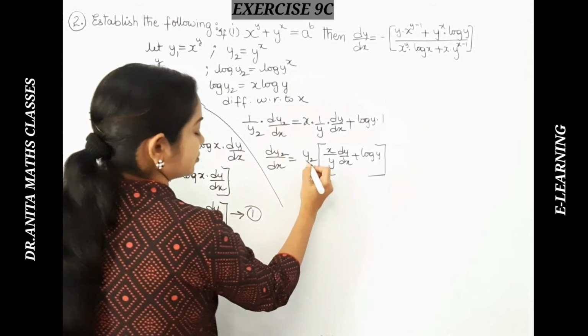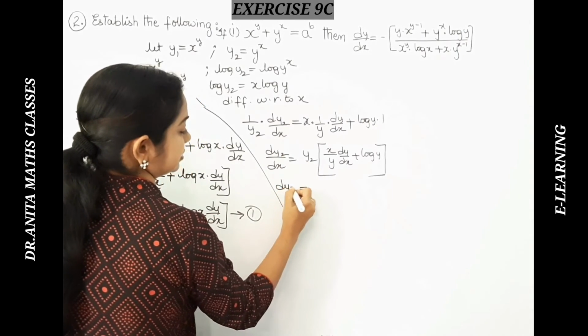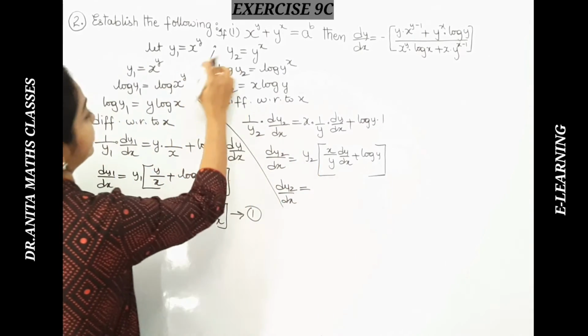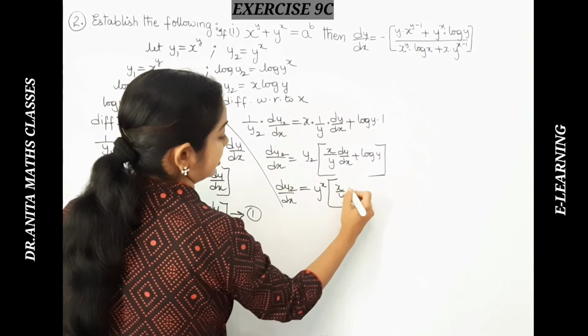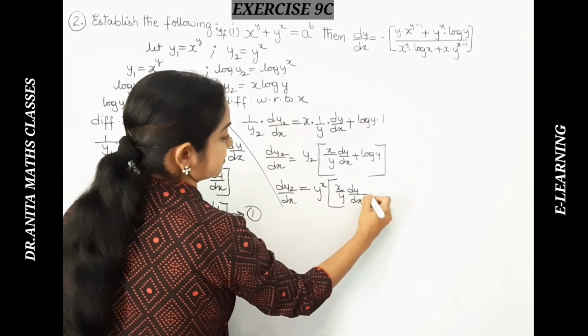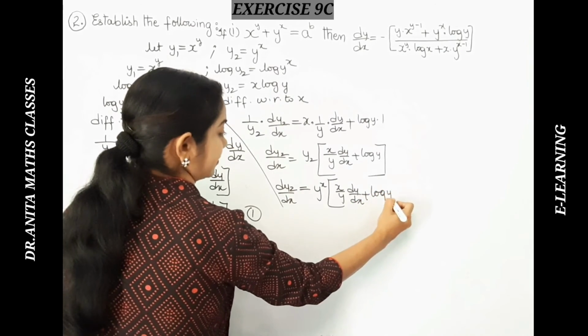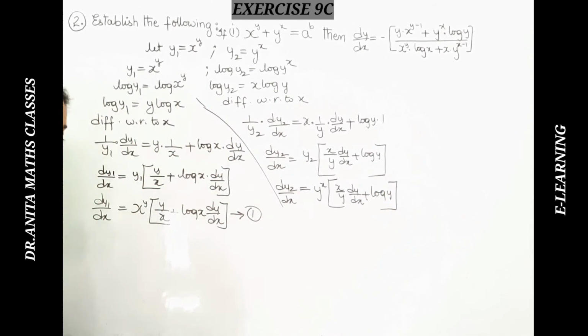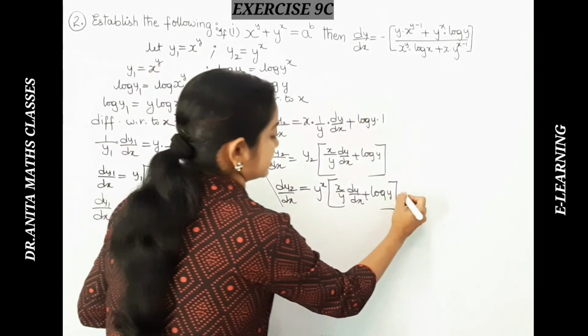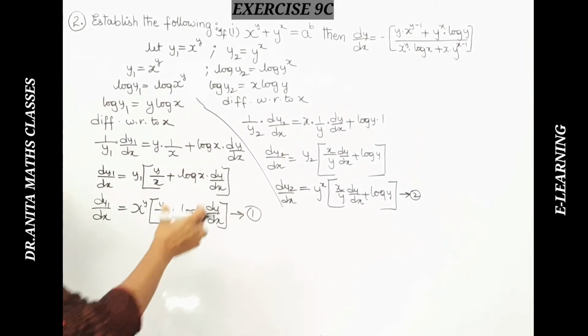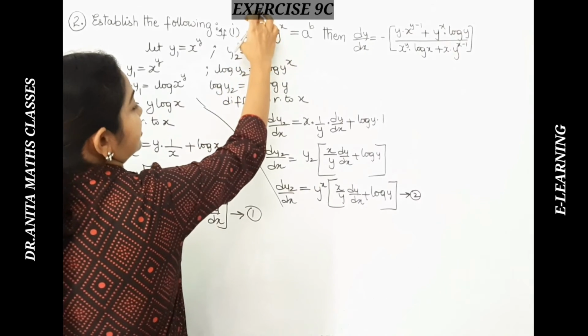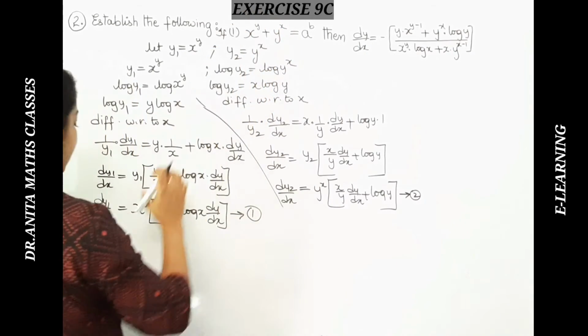Similarly here also, y2 is y raised to the power of x, times (x by y dy by dx plus log y). Now we need to add both of these. Let me suppose this as equation 2. Here if you take the differentiation of this function, here we got this.